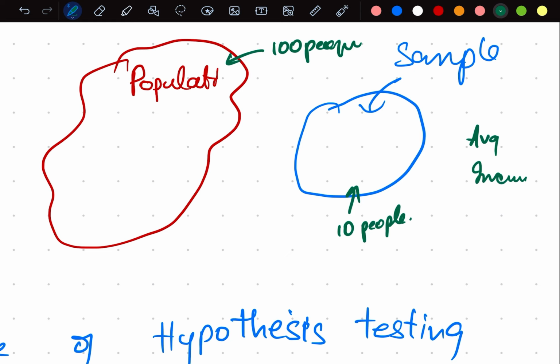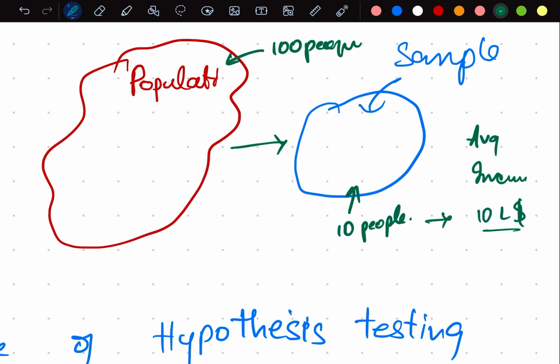So instead, in the world of data, we take a small sample out of it and calculate the average, or whatever you want. For instance, the average income is 10 lakh dollars per annum, and you want to see whether this 10 lakh might be the case for the population or not.